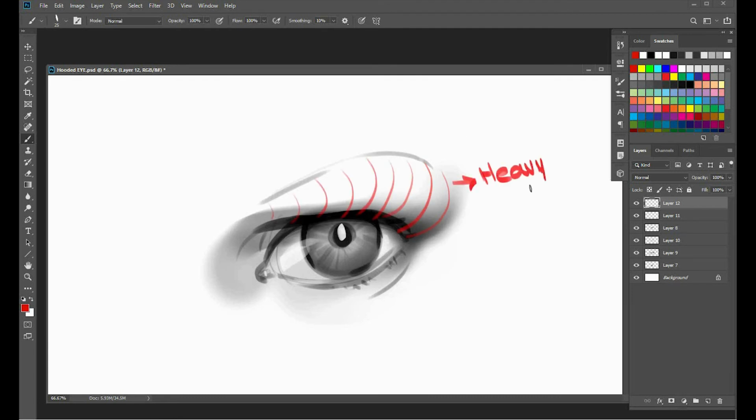Hooded eye shape. Hooded eyes feature a heavy brow bone with a deep set crease.